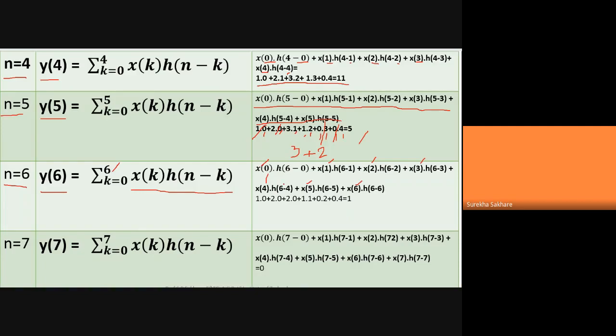Okay, all values are there. Even in the h of also you have to put 2, then you have 3, then you have 4, you have 5 and 6. So I have h of 6 is not existing, 0. H of 5 is not existing. H4 also is not existing.